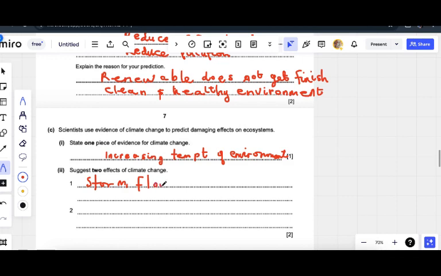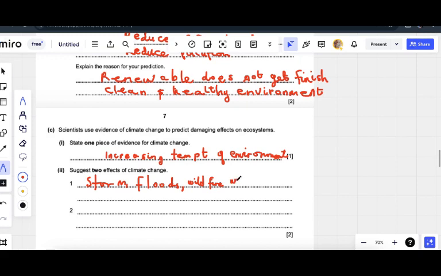Every year during rainy season, many countries are being flooded. If you look at the US and Australia, they were hit with a lot of wildfire. So these are damaging effects of climate change. All these things come as a result of climate change. So we say storm, flood, wildfire will be more frequent.